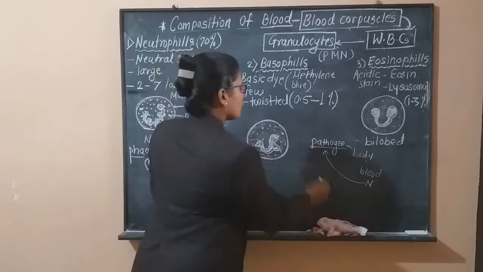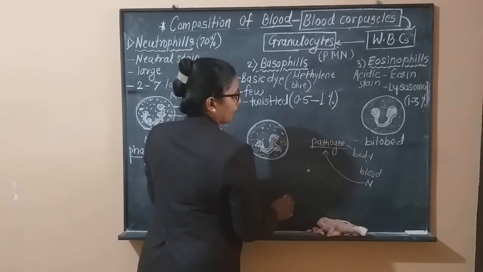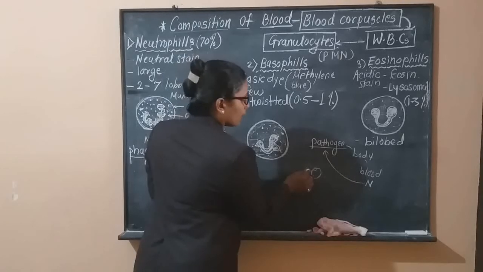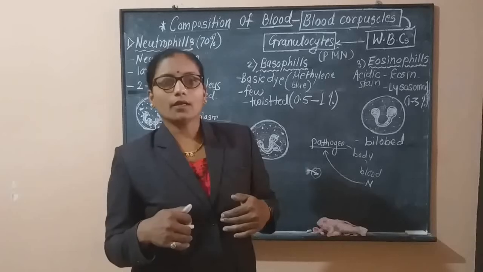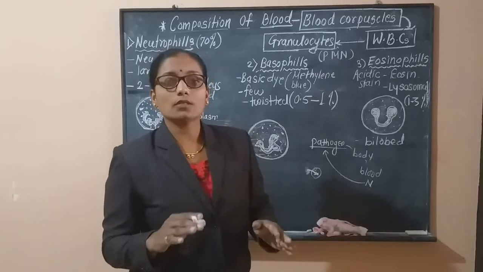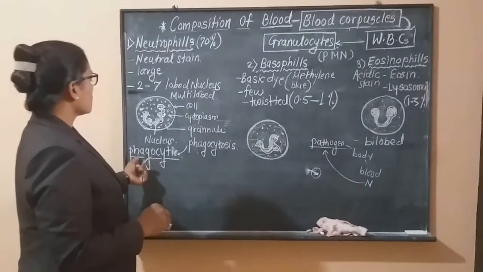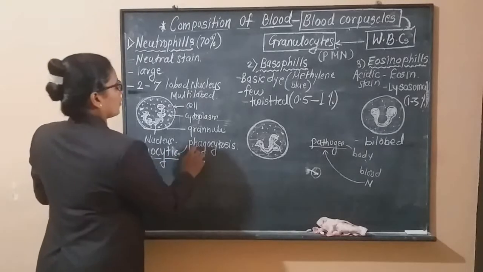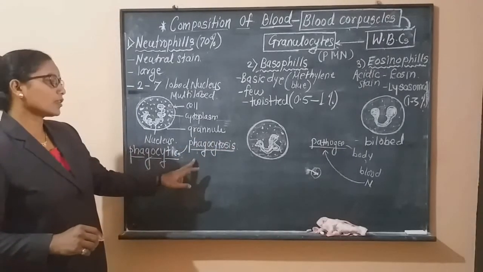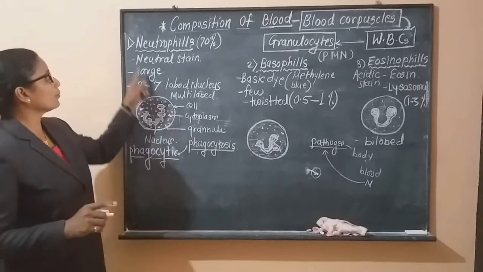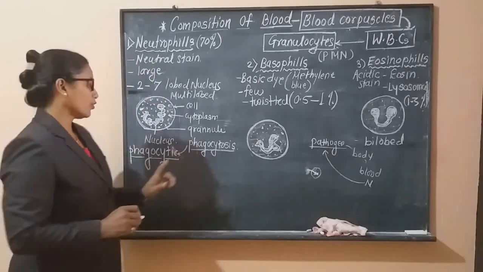And once they reach the pathogen, suppose these are the pathogens, and here this neutrophil reached, this neutrophil engulfs this pathogen. And after engulfing, this pathogen is destroyed, and this process is called phagocytosis. What is it called? It is called phagocytosis. The basic function of the neutrophil is phagocytosis.